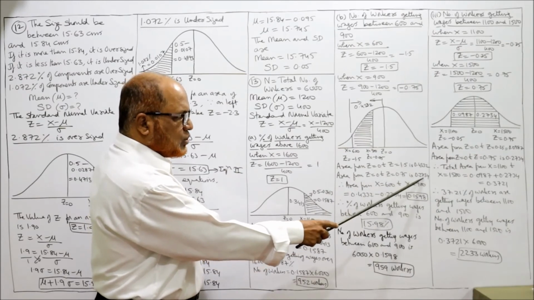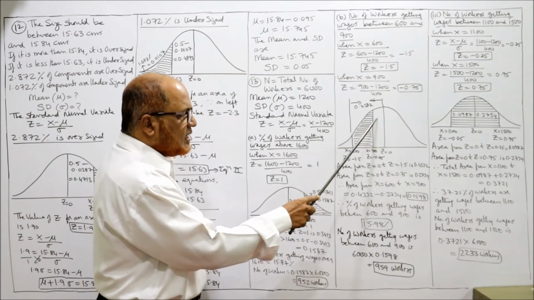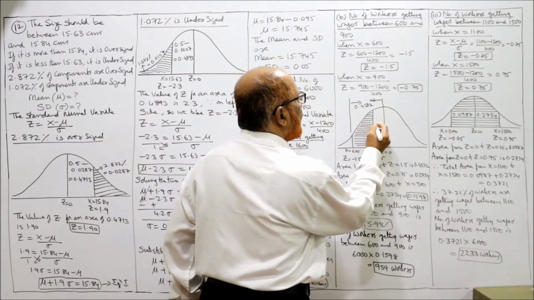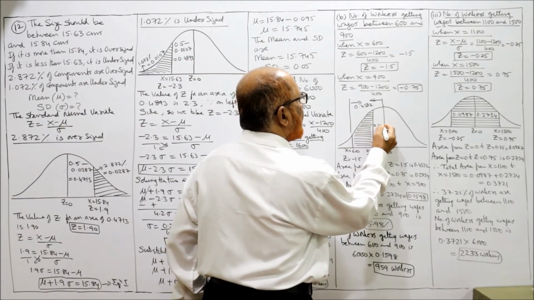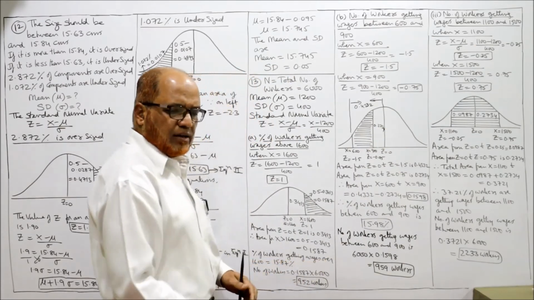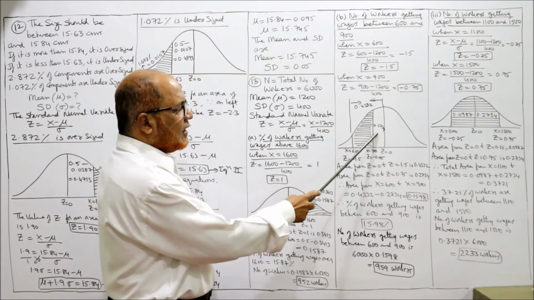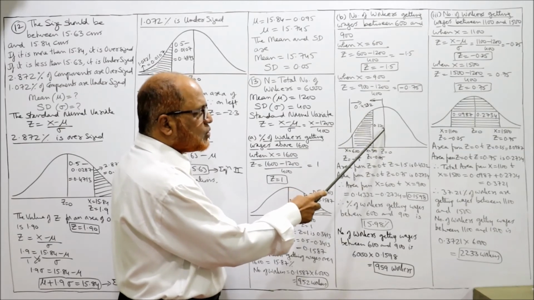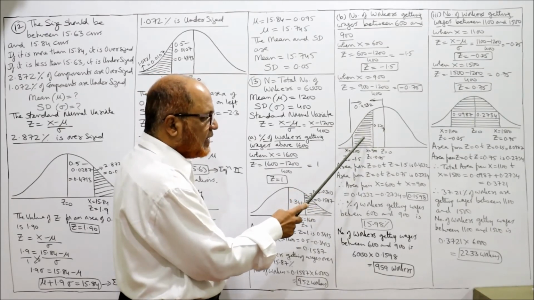The area is 0.2734. Now from the total area 0.4332, we subtract 0.2734, so we'll get this shaded area.